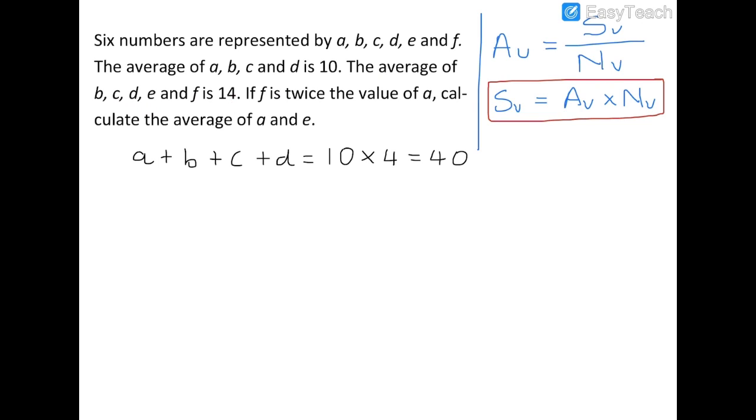Now we are going to do the same thing. So B plus C plus D plus E plus F will be equals to 14. How many numbers are there? We have 1, 2, 3, 4, 5. So multiplied by 5. So 14 times 5 is equal to 70.